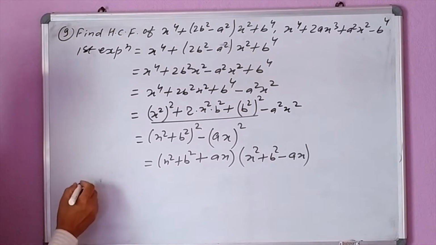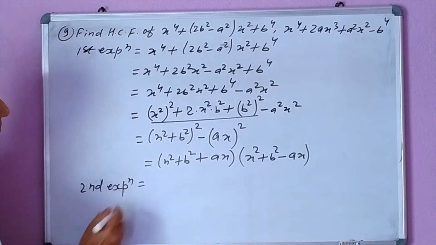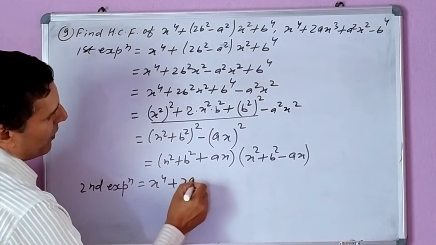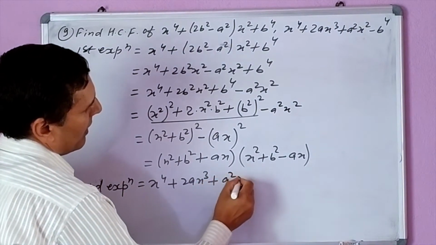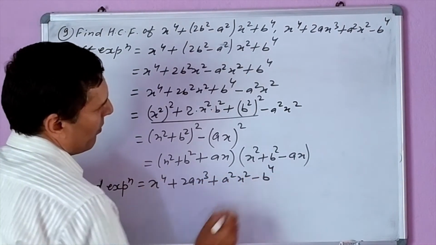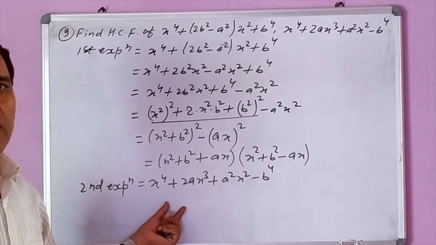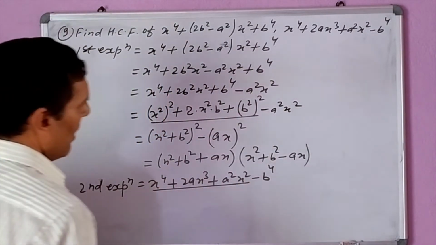Similarly we have the second expression, x^4 + 2ax^3 + a^2x^2 - b^4. There also the first three terms are completing the square. These three terms are completing the square.